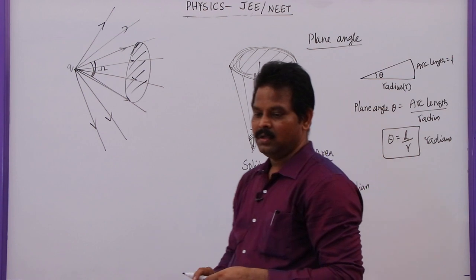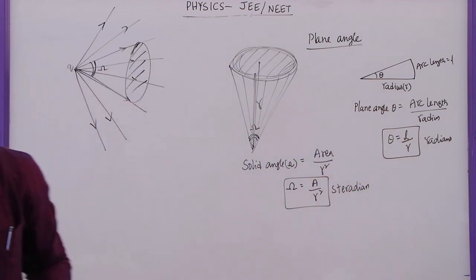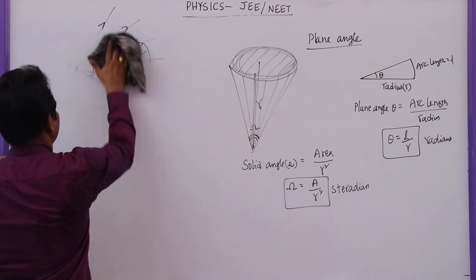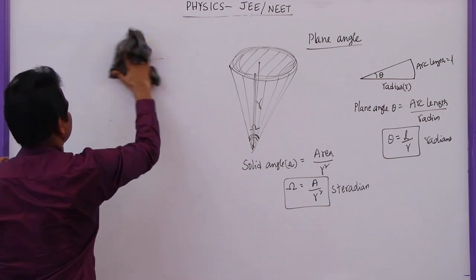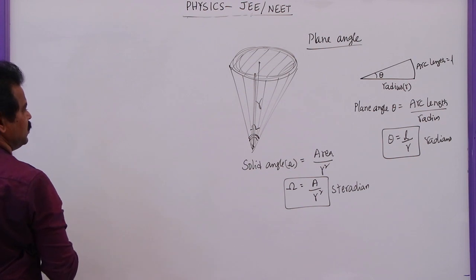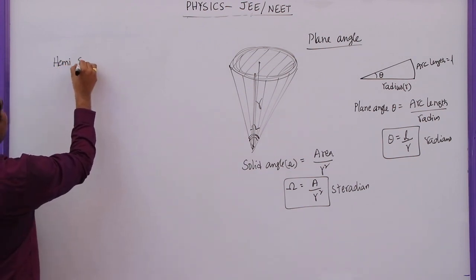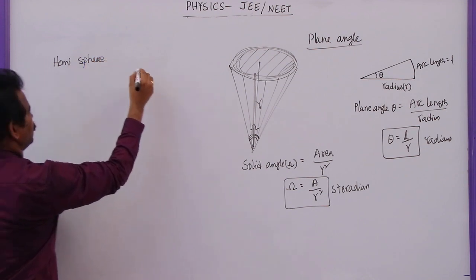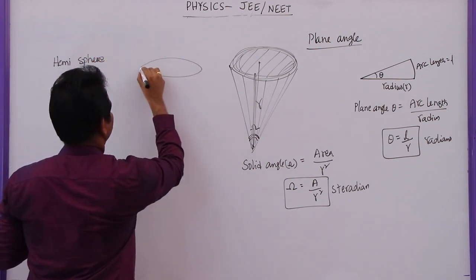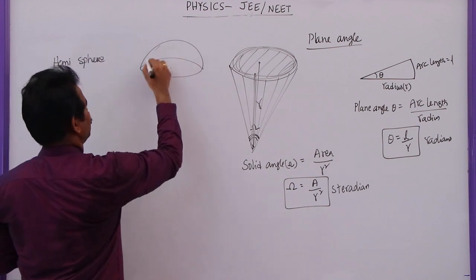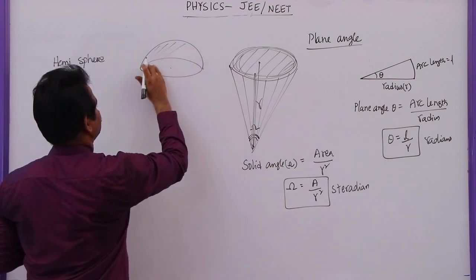Now in case you take a hemisphere, the hemisphere will produce a solid angle. So what is the solid angle produced by a hemisphere? This is the hemisphere and this is the area of this one.